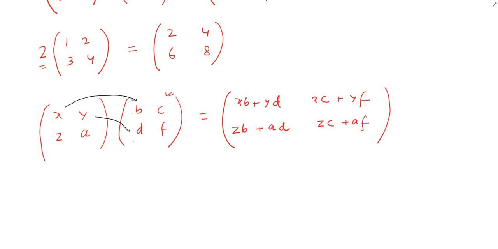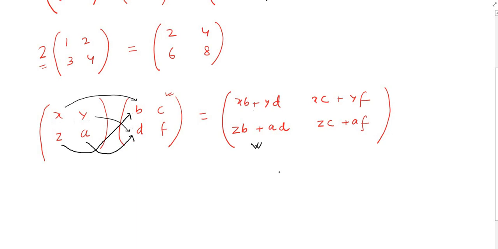So let me just show one more time. When we are building this element, what we are doing is multiplying this to this and this to this. So row with the column and then adding that.